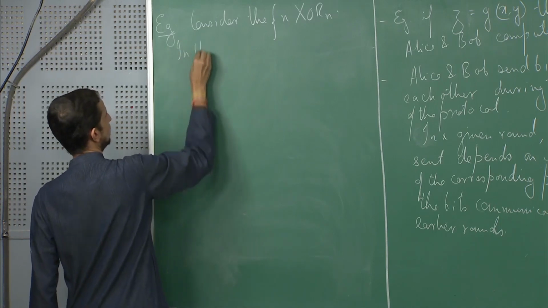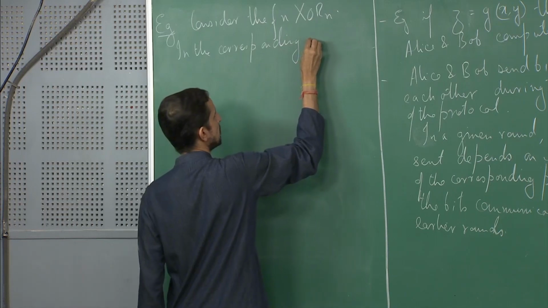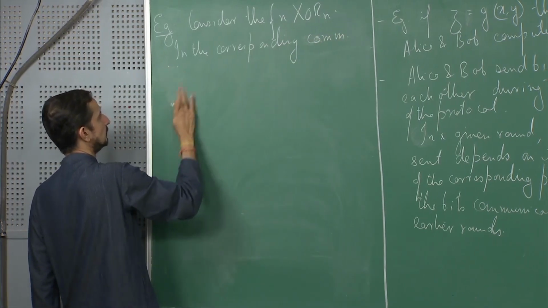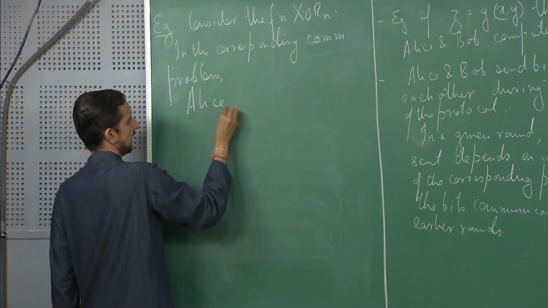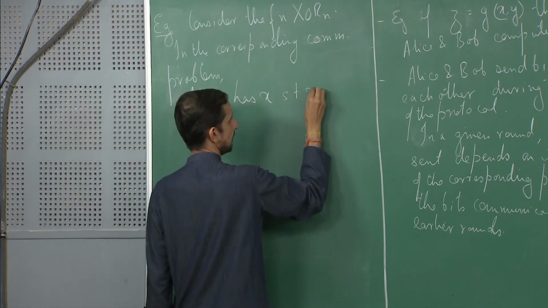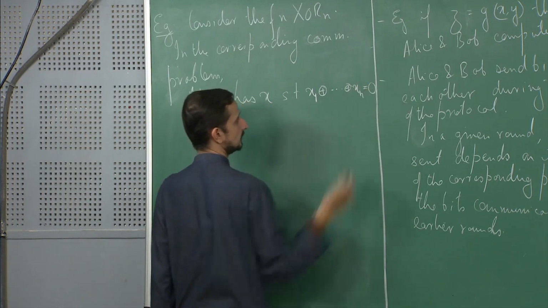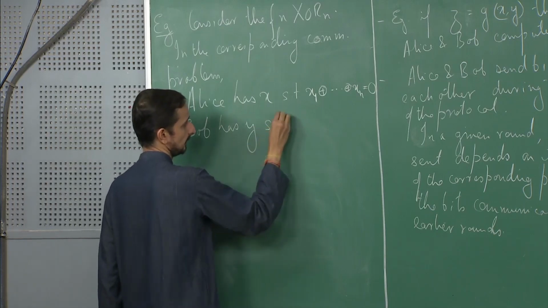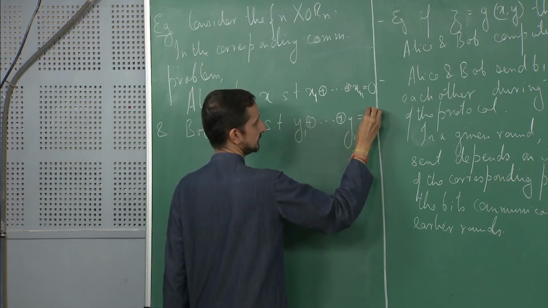So, in the corresponding communication problem, Alice has x such that the parity of x1 up to xn is equal to 0, and Bob has y such that the parity of y1 up to yn is equal to 1.